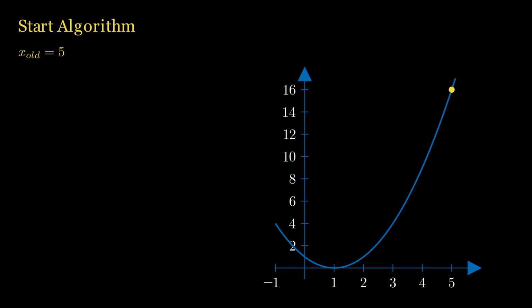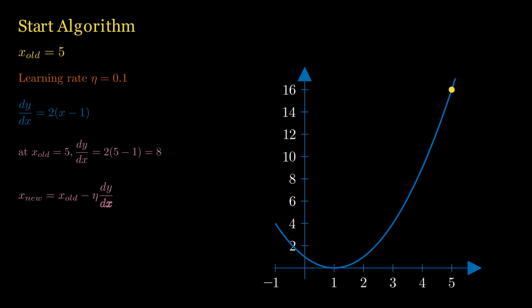For this demonstration, we will set our learning rate, represented here by the symbol eta, to 0.1. Recall that the derivative of our function is 2 times (x minus 1). If we evaluate this gradient at our starting position of x_old equals 5, we get a value of 8.